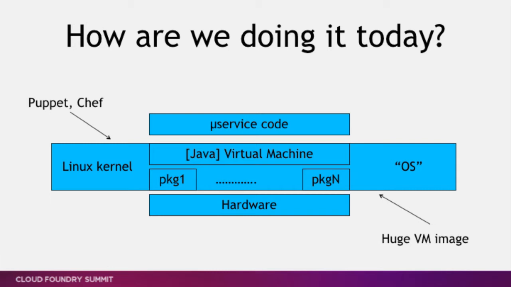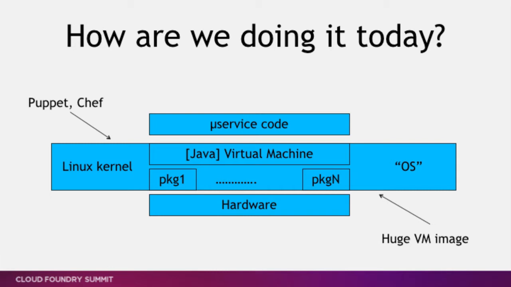We have to manage a whole bunch of packages in the OS image, because apparently JVM has dependencies, so we have to lay those out carefully. We have to use something like Puppet or Chef, or maybe some other provisioning tool to manage those images. And finally, we end up with this huge VM image that is pretty bulky, so it's really difficult to lug it around the data center.